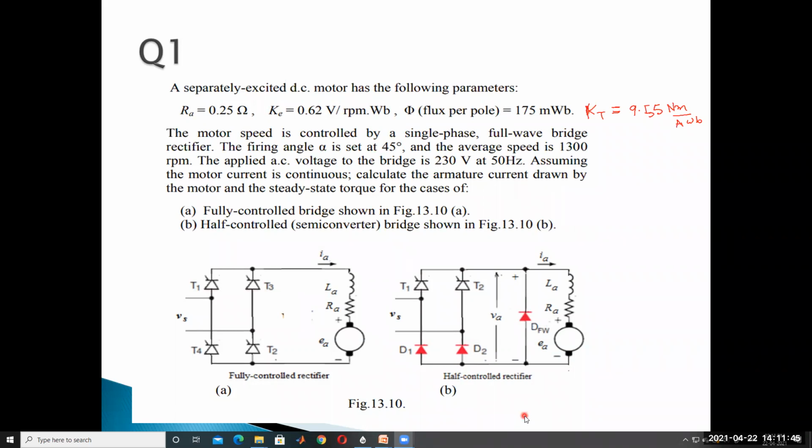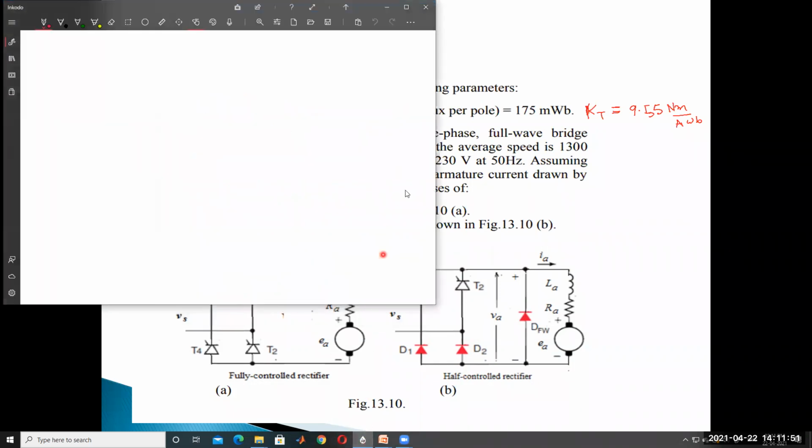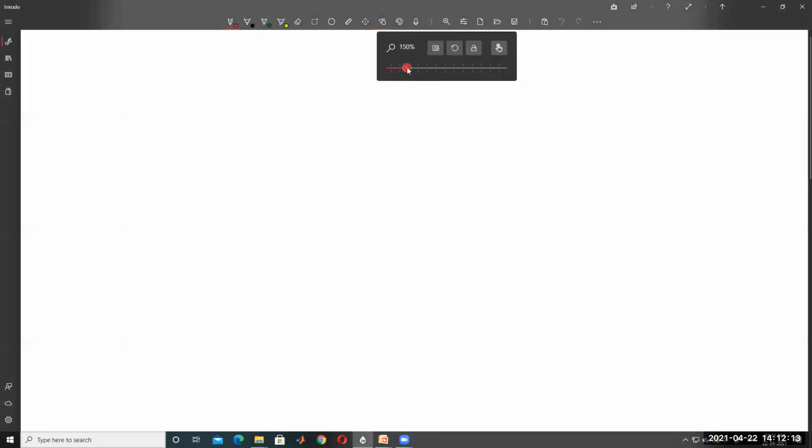Let us first write the given data, and then solve the equations one by one.